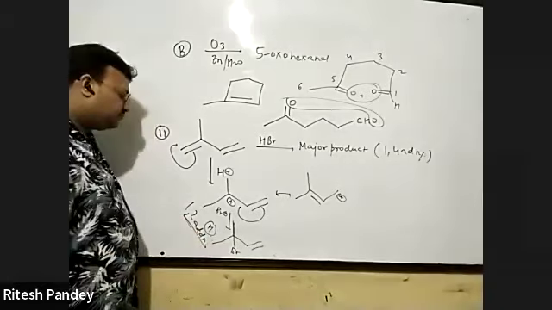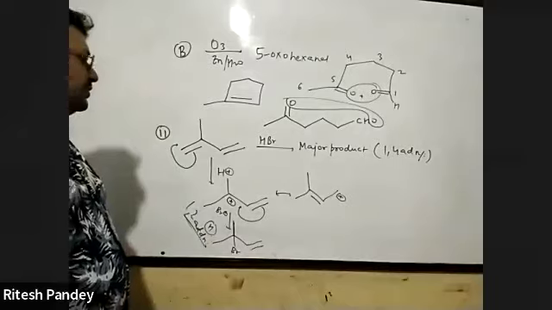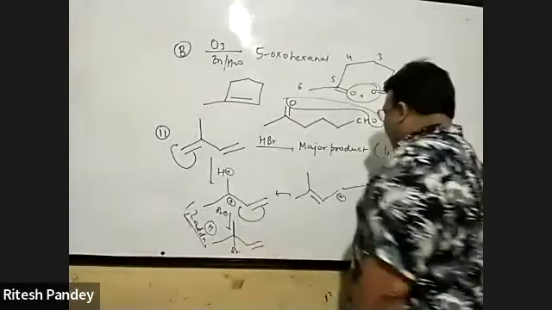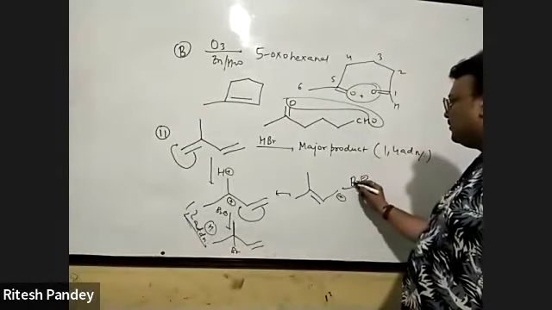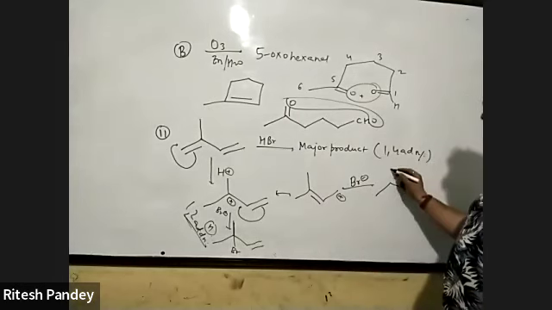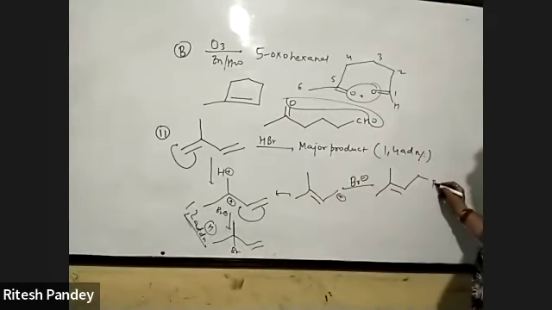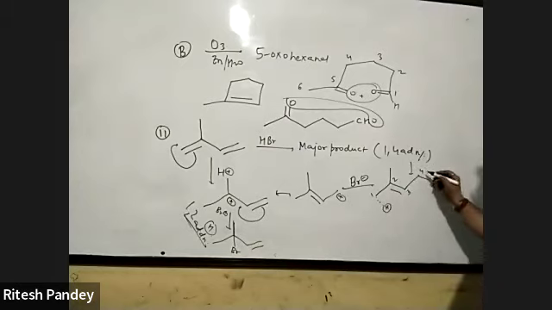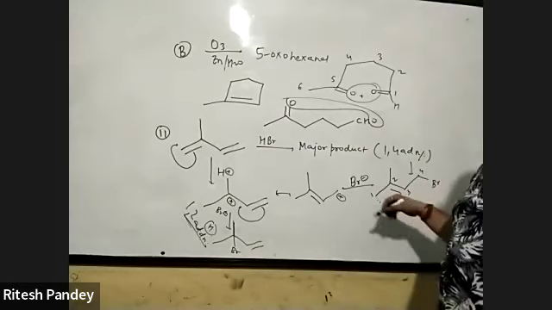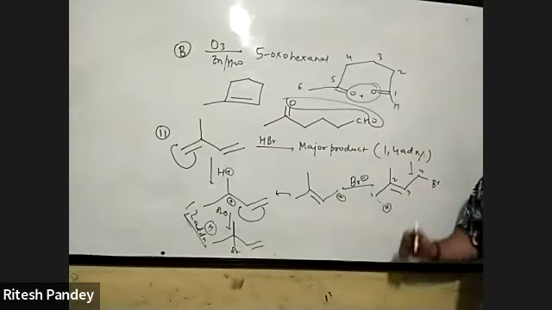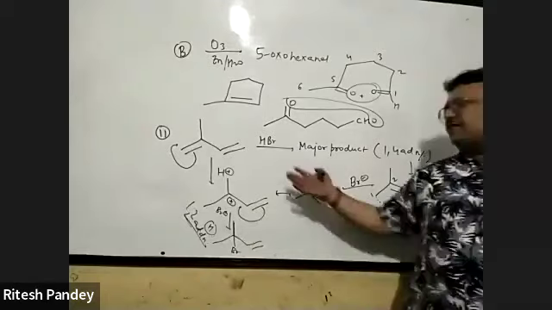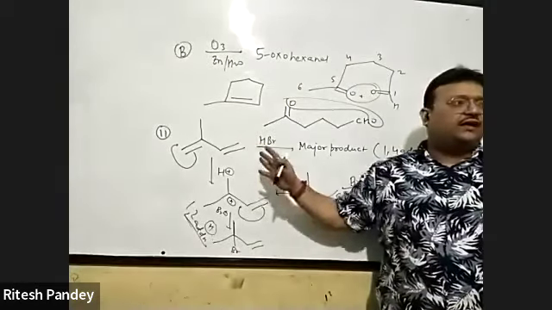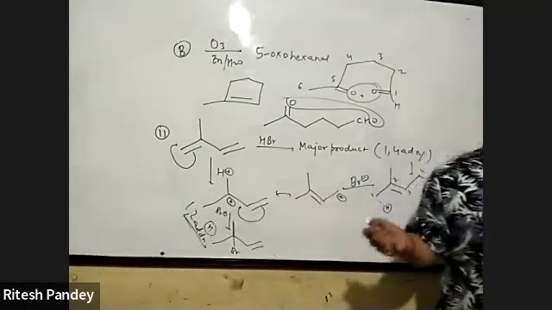Yes, sir. And this with Br minus would give me this 1,4 addition product. Now I'll call it 1,4 addition because counting from this end, this is carbon 1 and this is carbon 4. So this would be the major product. Yes or no? Some people might want to start with this, and genuinely, this question has an element of confusion.